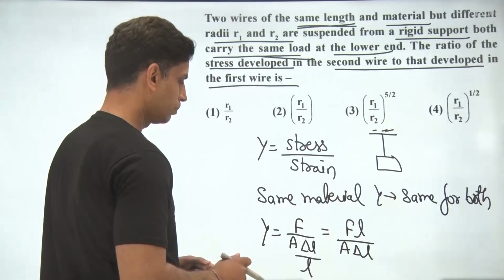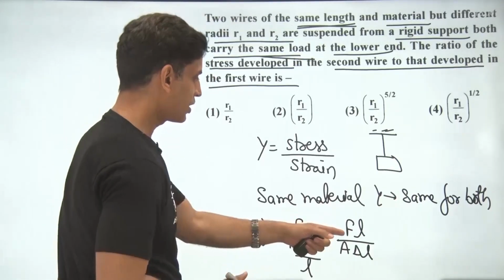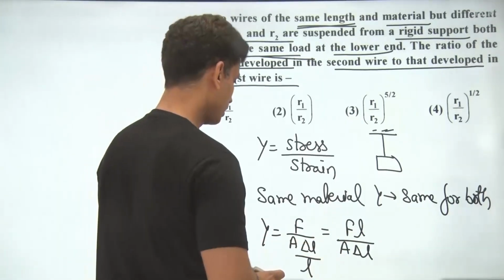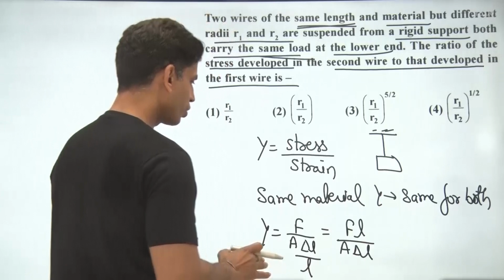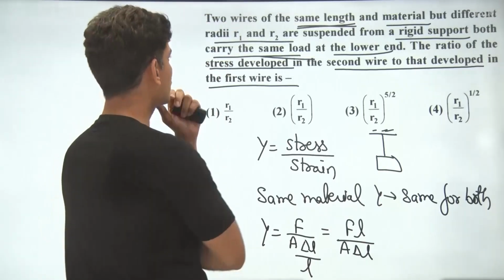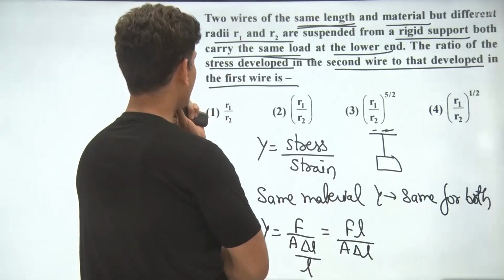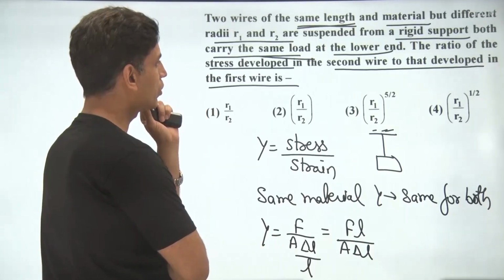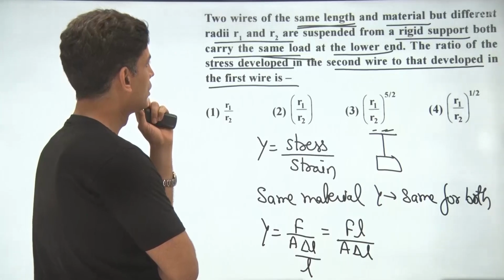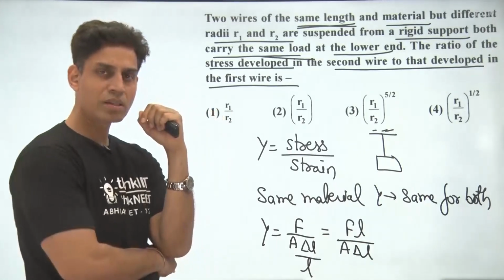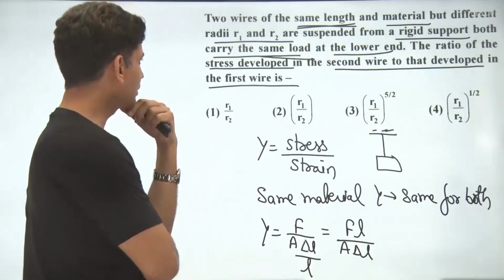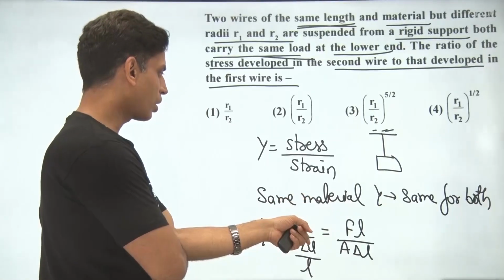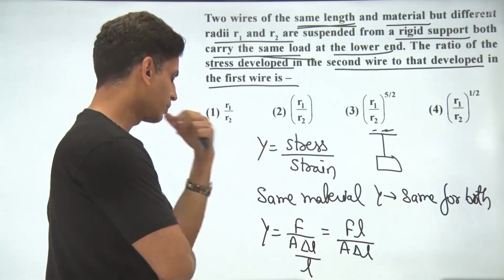Now Y is the same, load is the same, length is the same, area will be different. Rather, we should not write it this way, as the question is asking only about the stress produced. Nothing has been mentioned about the strain, and the question is asking about the ratio of the stress, so there is no point in writing like this.